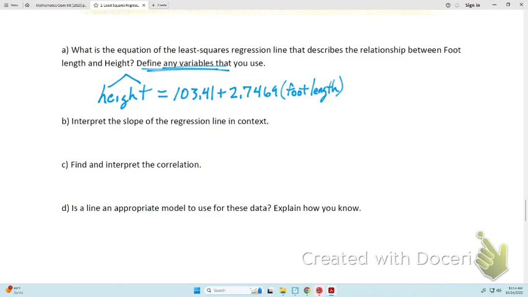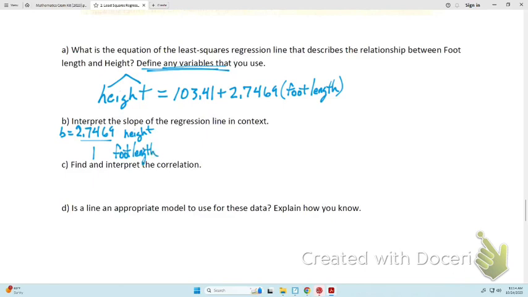On part B, we need to interpret the slope, which is 2.7469. And I throw it over a 1, and you need to talk about the change in y, height, over change in x, foot length.